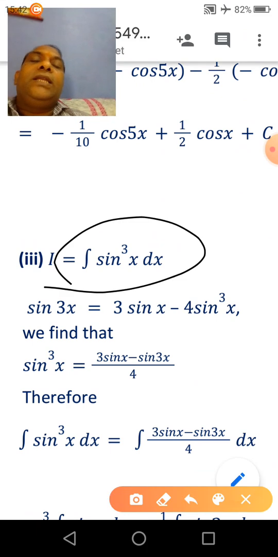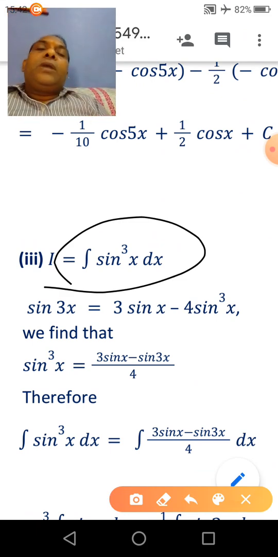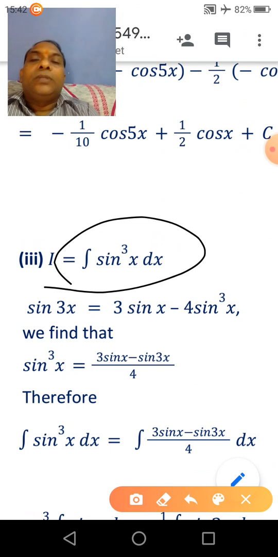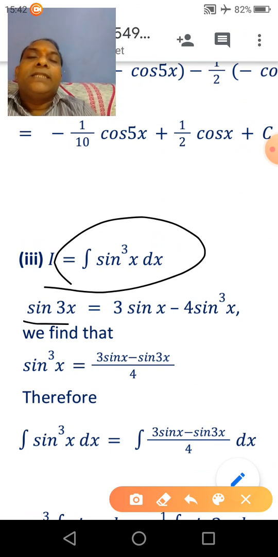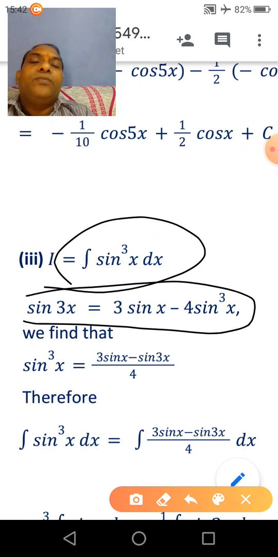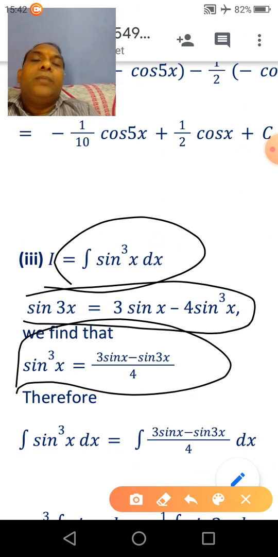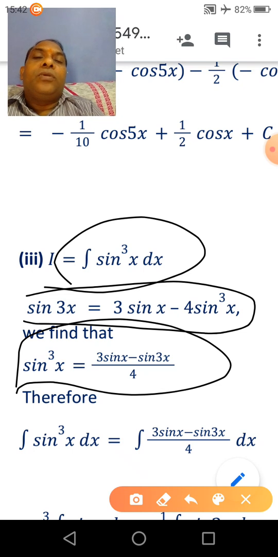Now see next question. Integration of sin cube x dx. We have to convert it in integrable form. So we know that sin 3x is equal to 3 sin x minus 4 sin cube x. So sin cube x will be equal to 3 sin x minus sin 3x upon 4. Now put the value of sin cube x here.